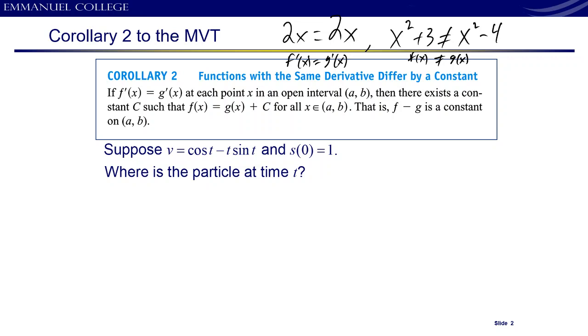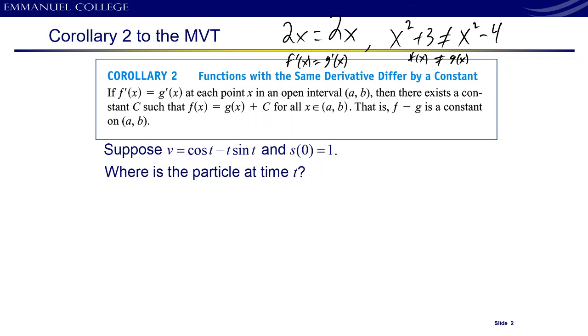And this is where we'll introduce that. Because Calc 1 is, I need to take the derivative of this function. Calc 2 leads you into the mindset of, what did I take the derivative of to get this function? So for this example, we have v is equal to cosine of t minus t sine of t, and s of 0 is 1.